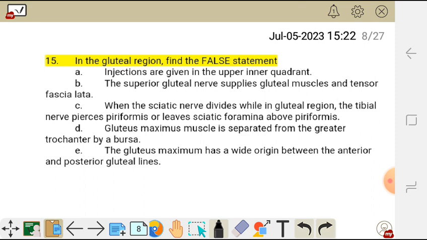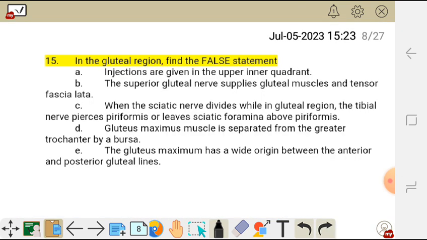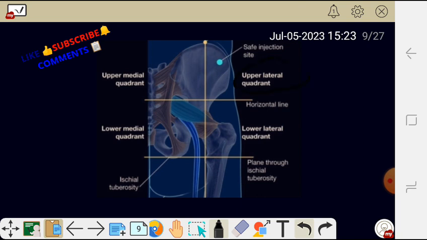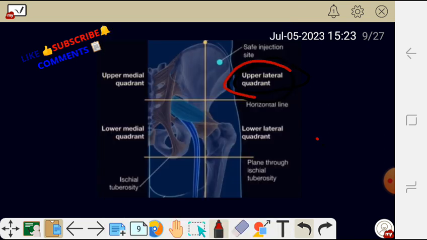the correct answer is A. Injections are given in the upper inner quadrant. That is false. Why? Because if we look at the quadrants of the hip joint or hip region, it has the upper lateral quadrant, lower lateral quadrant, and we also have lower medial quadrant and upper medial quadrant.